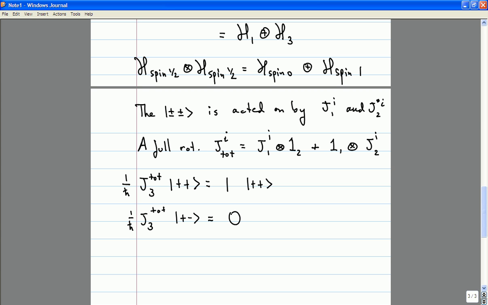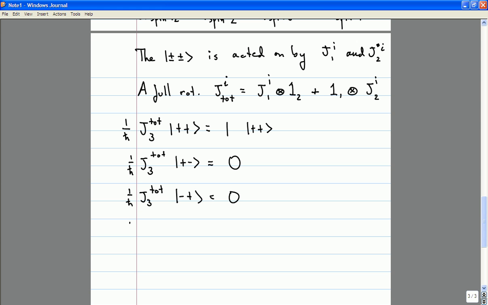That has no units of angular momentum in the z direction. 1 over h bar J3 total of minus plus likewise has no units of angular momentum. And 1 over h bar J3 total of the state minus minus has -1 units of angular momentum in the z direction.